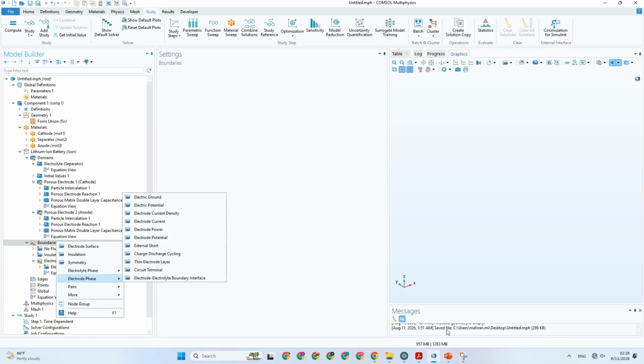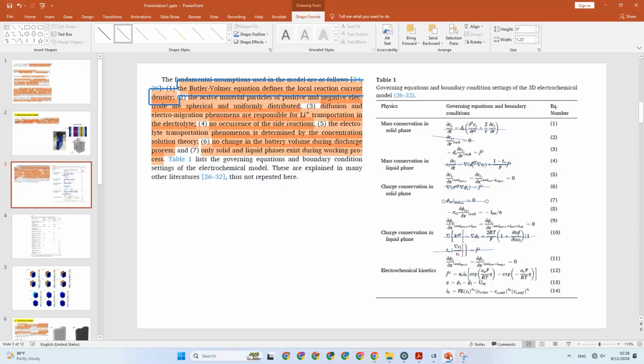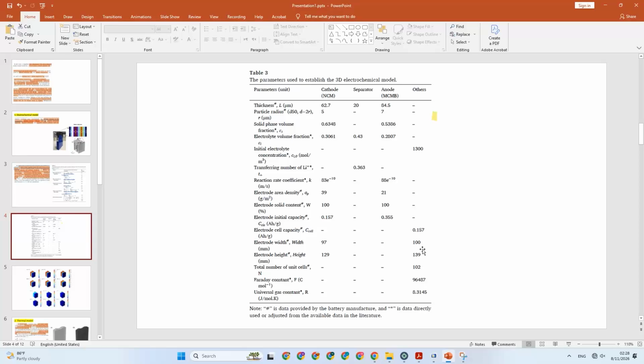Okay, let me check what that is. We can check the current density or current. We can use both of them. It doesn't matter. Let me check. That is current or current density. I don't know, but we can change it.